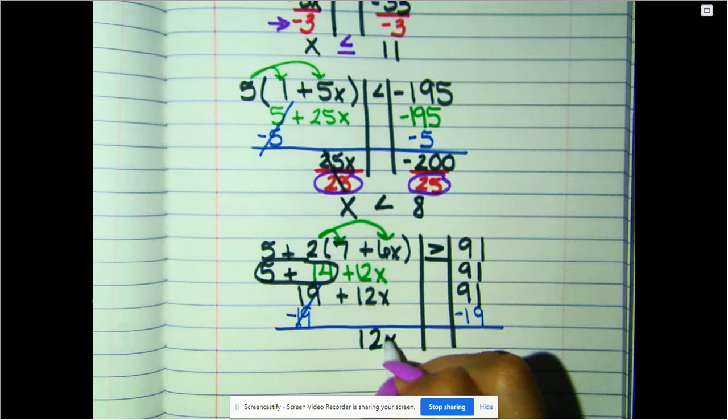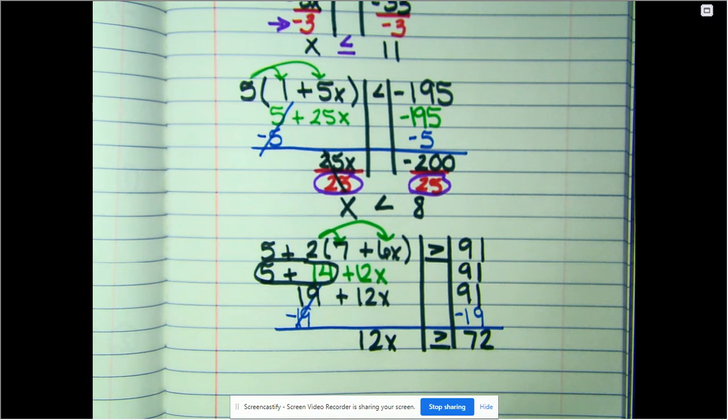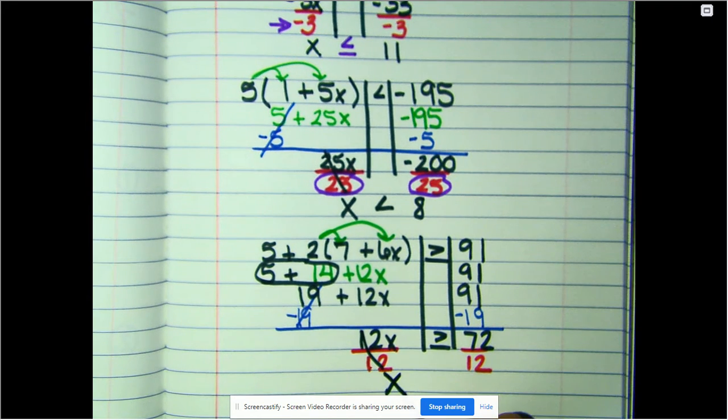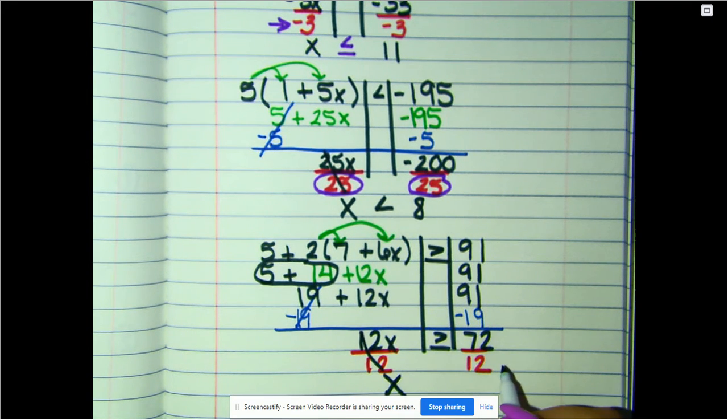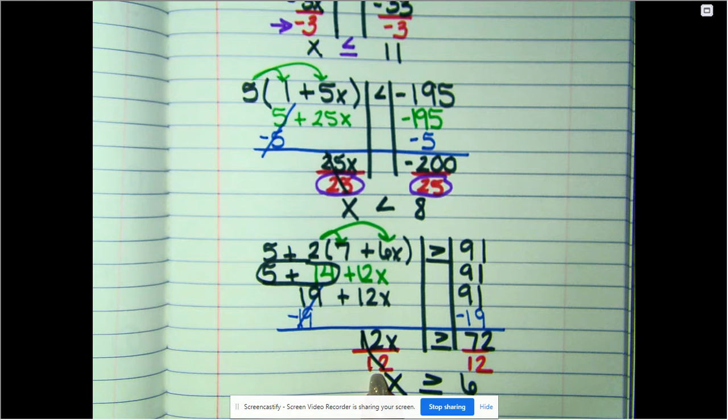So 12x is greater than or equal to 72. And then my last step is dividing. My 12 was positive, so let's keep that in mind. So x, and 72 divided by 12 is going to be 6. So x is greater than or equal to 6 because, again, I did not divide by a negative number. My 12 was positive.